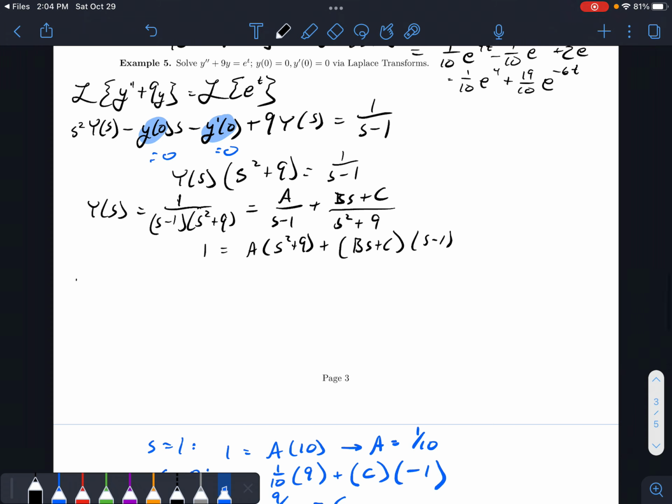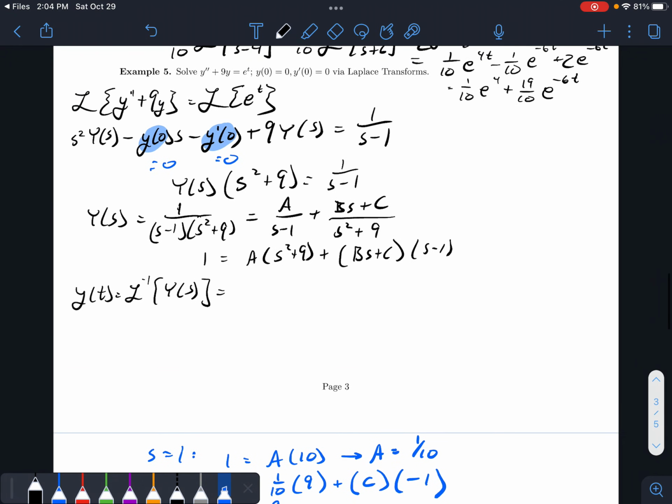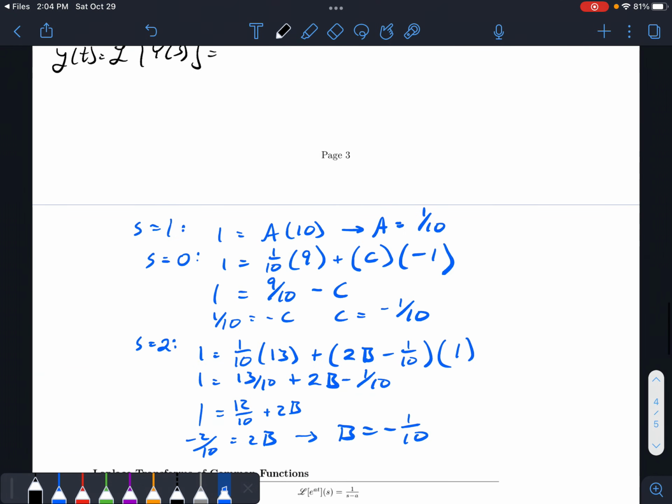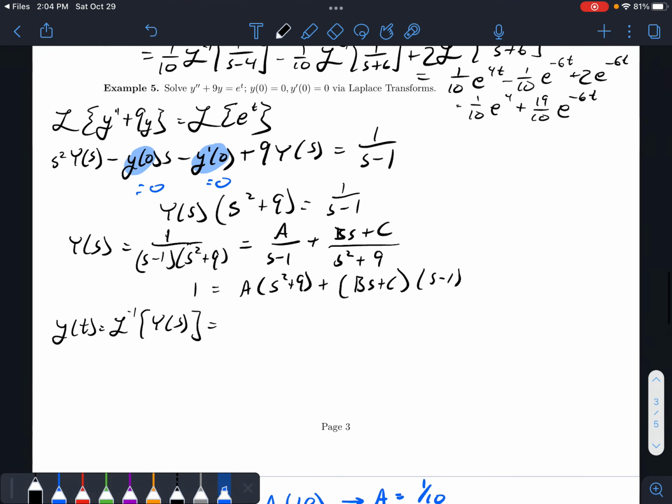All right, I'm just going to keep that work below and say that y of t is equal to the inverse Laplace of capital Y of s, which is equal to, now we have our a, b, our c. So a, what was a? A was a tenth, right?